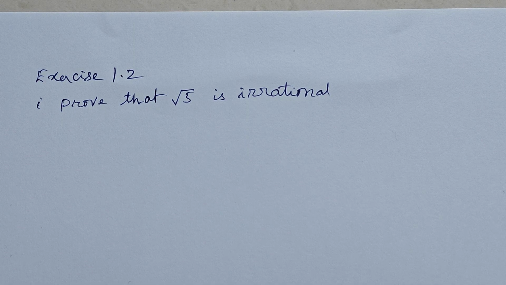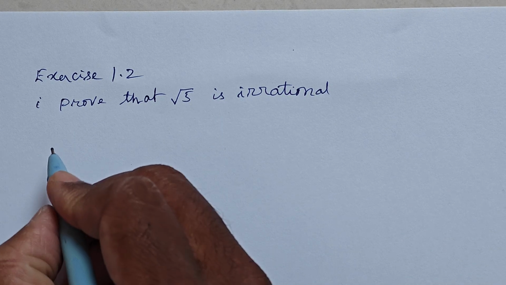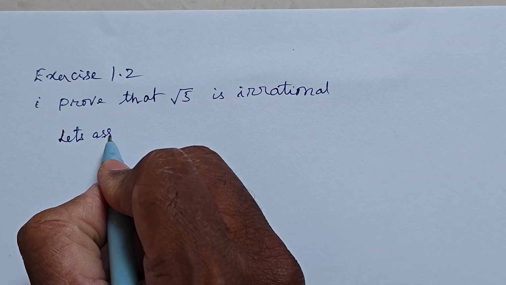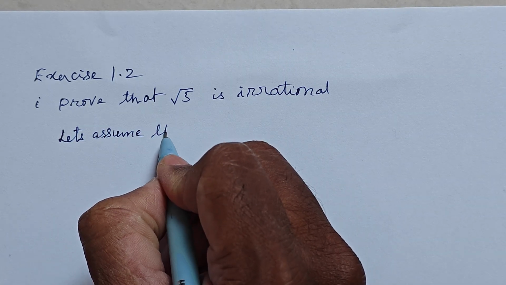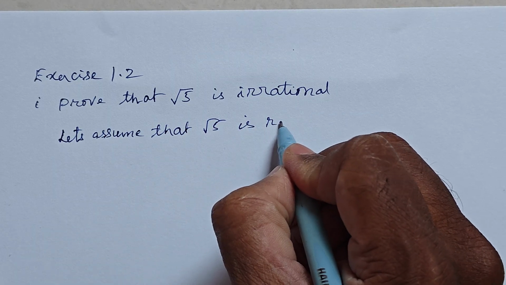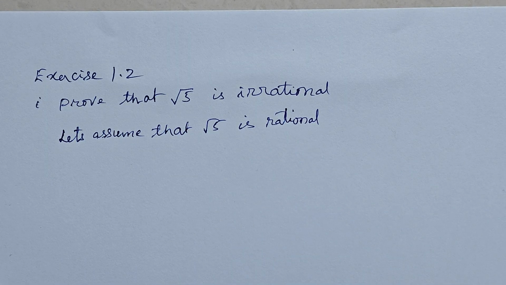First, what I am going to do is assume: they are saying prove it as irrational, but I am assuming that square root of 5 is rational. We are not saying it is irrational. We are saying no, it is rational. If we fail to prove it, then we will conclude that our assumption is wrong. That is the contradiction method.